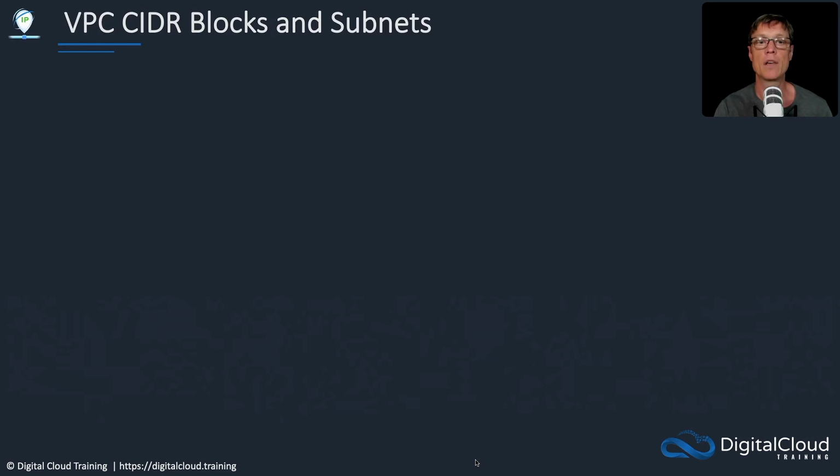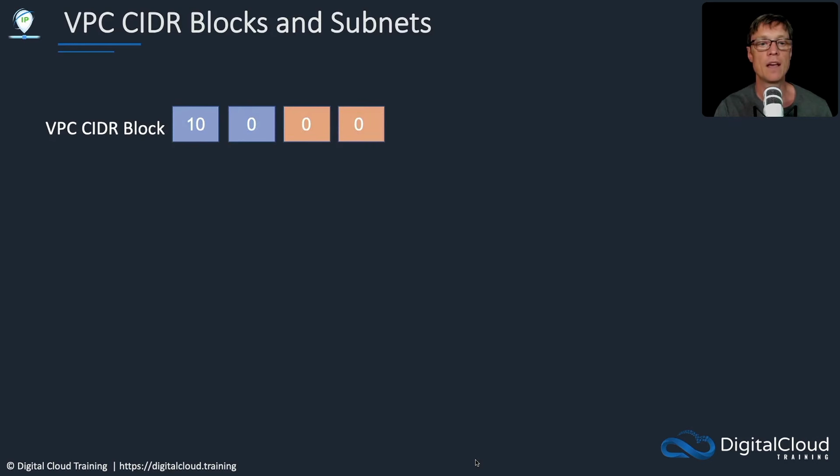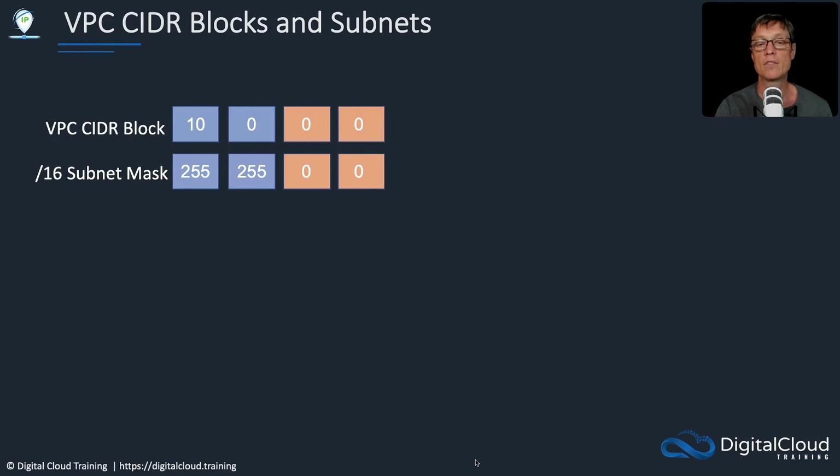Now, let's have a look at an example. So let's say I have a VPC CIDR block that looks like this. It's 10.0.0.0 with a 16-bit subnet mask. So that means it looks like this, 10.0.0.0/16. So that's the overall block of addresses, but now we want to create our subnets. So what we need to do there is we're going to take some of the bits from the host portion here and assign them to the network portion.